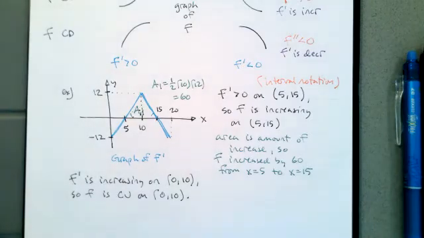When we're looking at the derivative, the sign of the derivative above or below the x-axis tells us the direction of the function. The direction of the first derivative tells us the concavity of the function. Any questions?